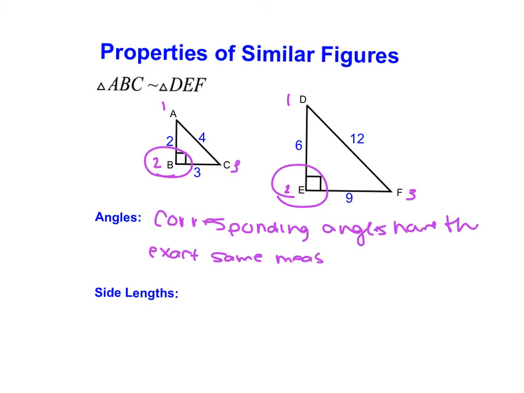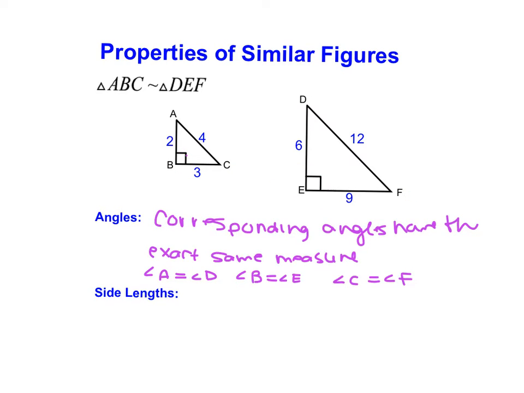So within this picture, these corresponding angles, you're going to have angle A is equal to angle D, angle B is equal to angle E, and angle C is equal to angle F. So that's the first really cool thing you can pull out of here, is you can state that those corresponding angles have the exact same measure value.